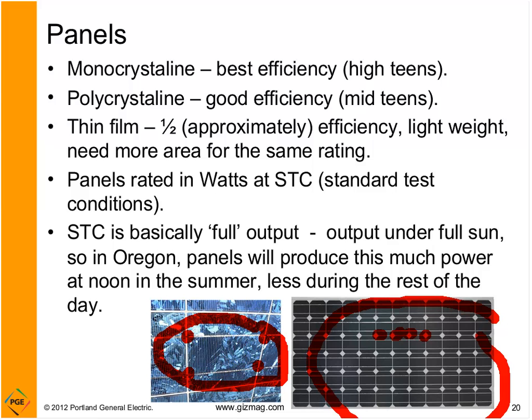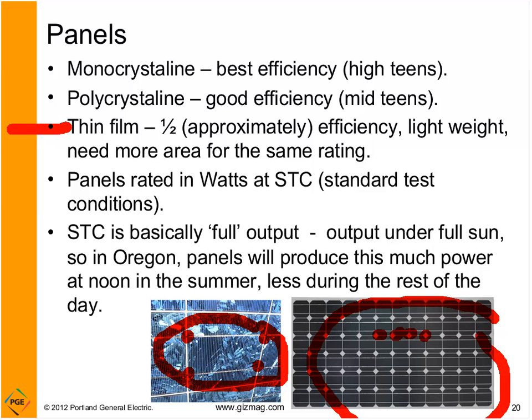The last panel I'll talk about is very different than the first two. Thin film panels are made with an entirely different process. You can think of thin film panels as being printing. You put the substrate through a printer and it prints the photovoltaic material onto the substrate. That makes it very inexpensive to make, but inherently the efficiency is not as good.